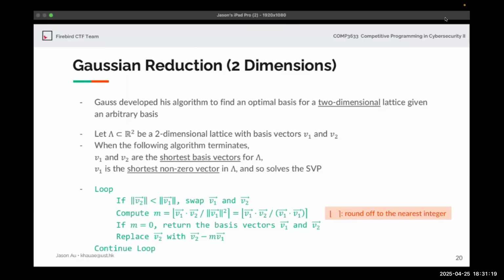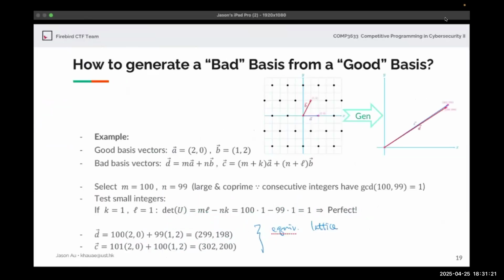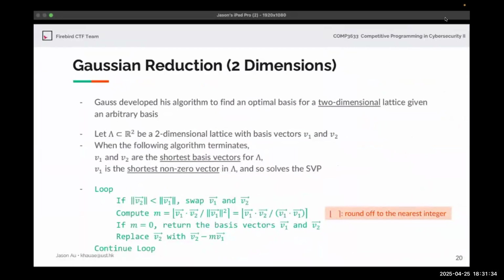We just discussed how to generate a bad basis from a good basis. So here's the problem: how to convert it back in some low dimensional space. If it's in 2 dimensions, we have Gaussian reduction. This algorithm can only be used in a two-dimensional lattice.